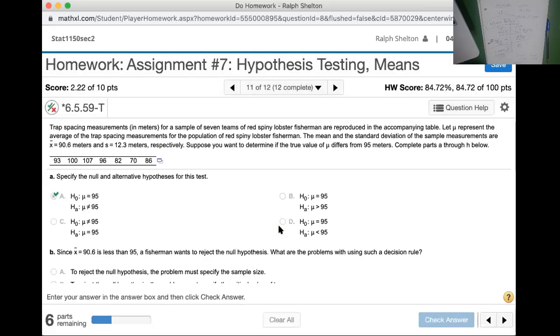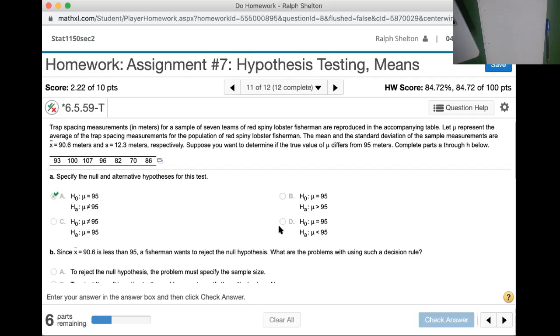Oh, it's actually another question. Okay, trap spacing measurements. That's a mouthful. In meters for a sample of 7 teams of red spiny lobster fishermen, something we all know a lot about, right? Maybe somebody does. There might be somebody with some experience in Maine or Alaska, but anyway, are reproduced in the accompanying table.